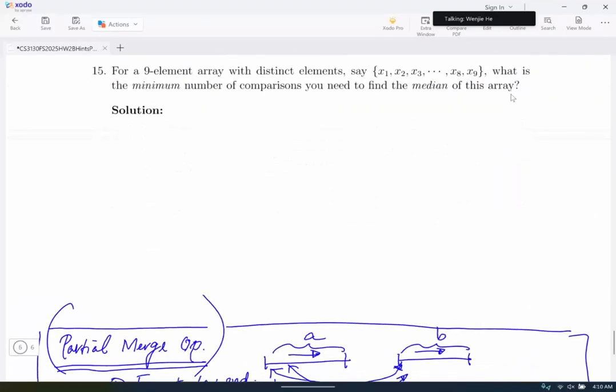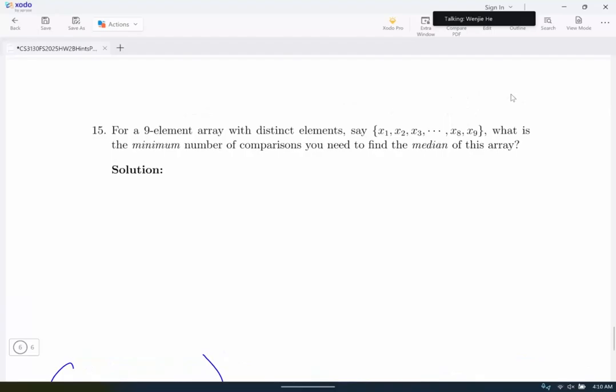Then the last one, the hardest. Find the median. So you have two ways.